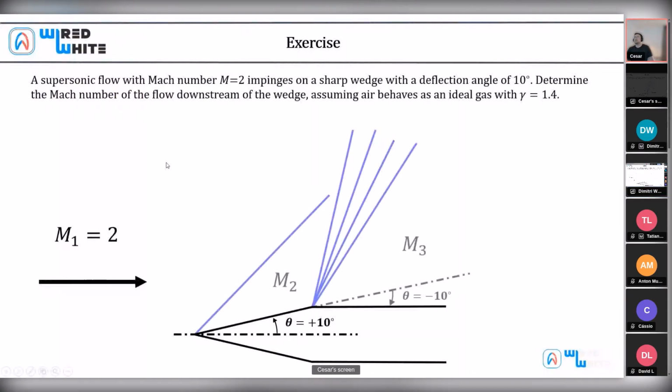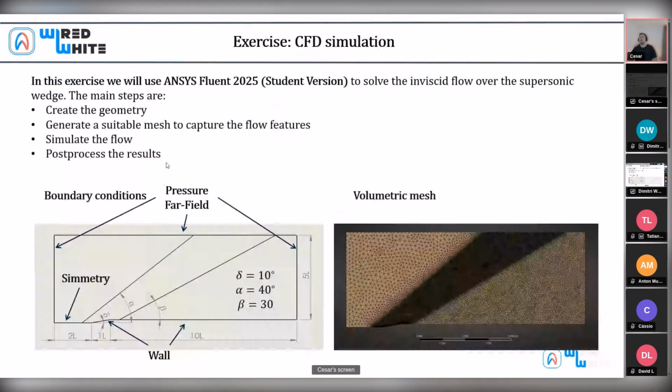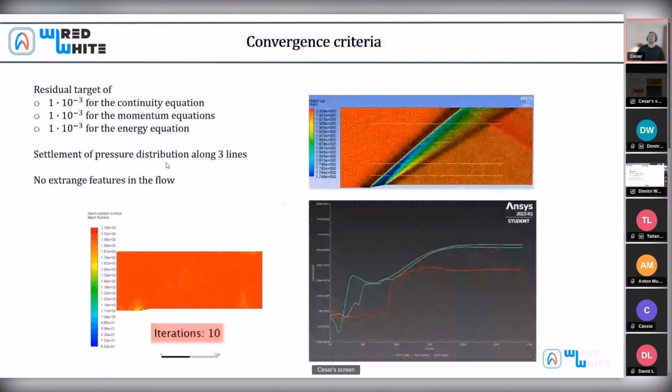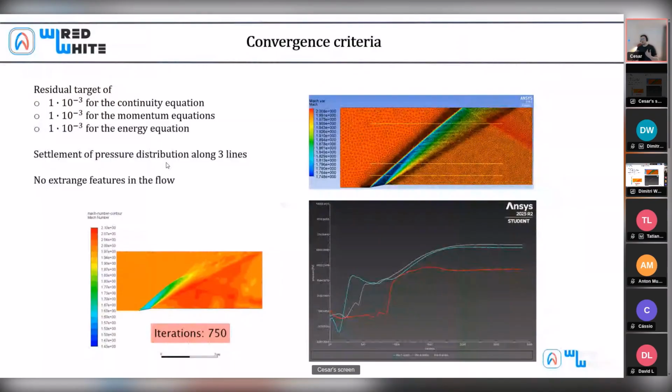Great. We have already explained the boundary conditions, and we have already covered the volumetric mesh. I have already explained the solver settings that we have set in Fluent, and then we press the run button. So how long do we need to run this simulation? First of all, we have a residual target around 1e-3.